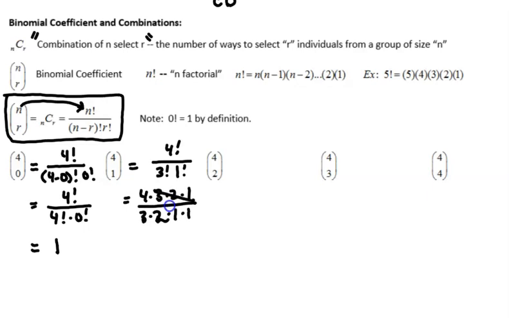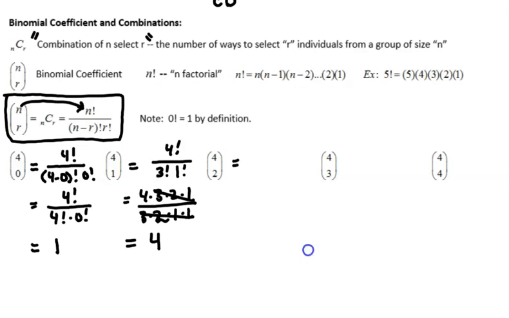Notice that everything below 4 divides out because it's the same in the numerator and the denominator, so I just get 4. So anytime you have 1 as the number you're selecting, the numerator and the denominator will always just cancel out like that. If you had 6 select 1, you'd end up with 6 factorial in the numerator and 5 factorial in the denominator, and when you divide you'd end up with just 6.